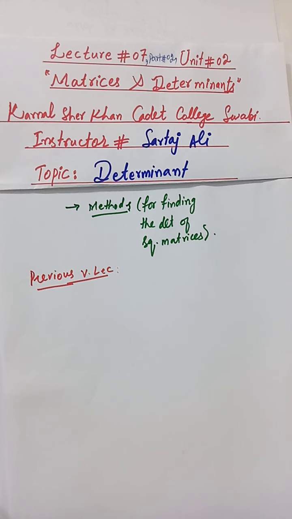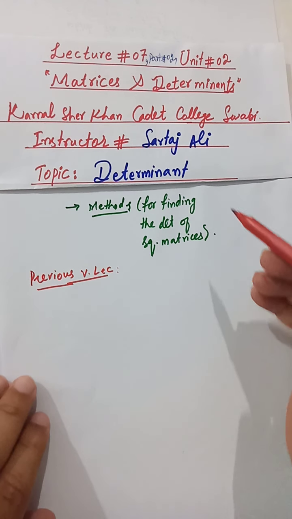Number may be real or complex, but in this chapter we are considering matrices with real entries, so you will get a determinant as a real number. So that was discussed in the previous video lecture. Now in this video lecture this is our target.